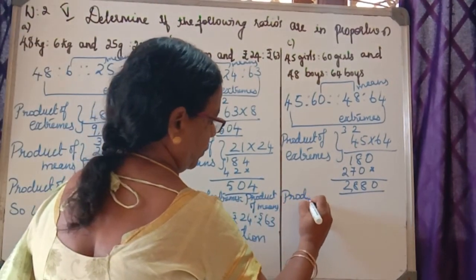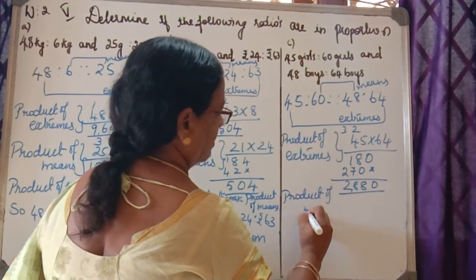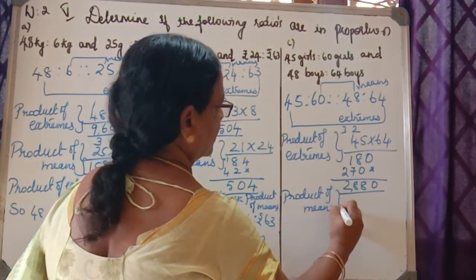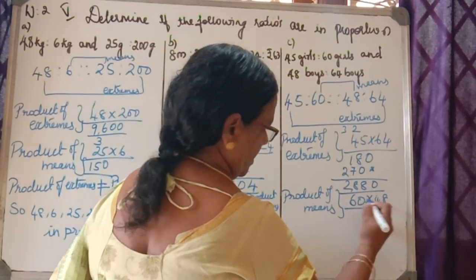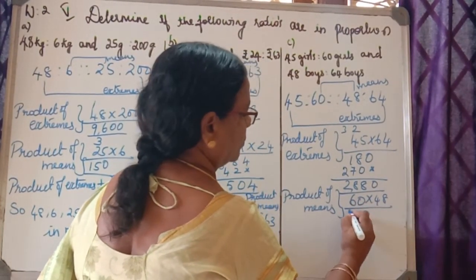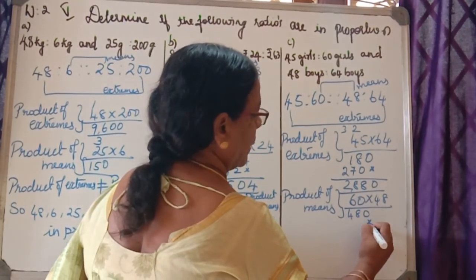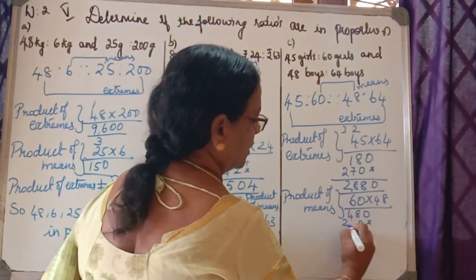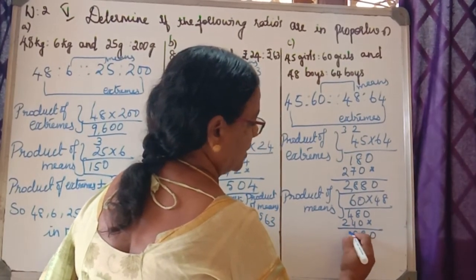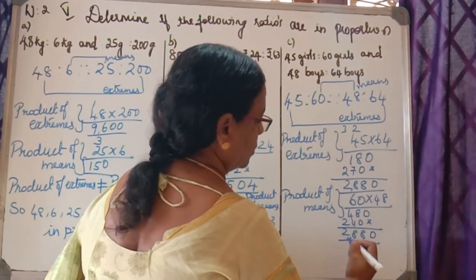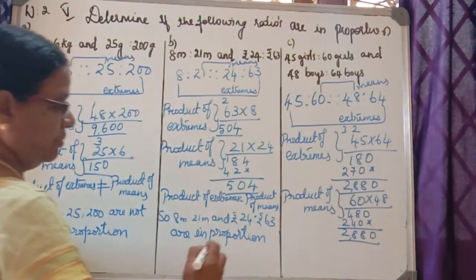Now we'll find the product of means. That is 60 into 48. 0, 6 8s are 48. 4, 6 4s are 24. Now we are adding 0, 4 plus 4, 8, 2. This is also 2880.